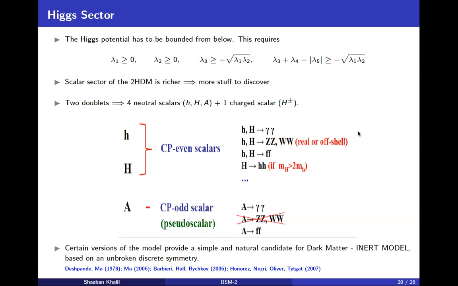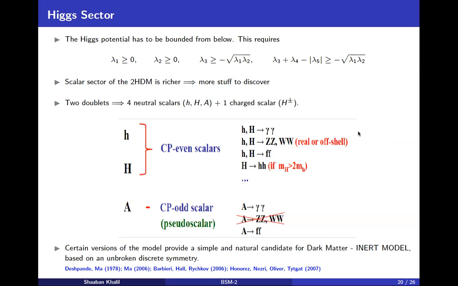And this is quite useful to analyze the processes that you can look at. There is a possibility, in model 1, when one of the scalar fields does not contribute to any masses and doesn't acquire a VEV, and we also have some unbroken discrete symmetry.